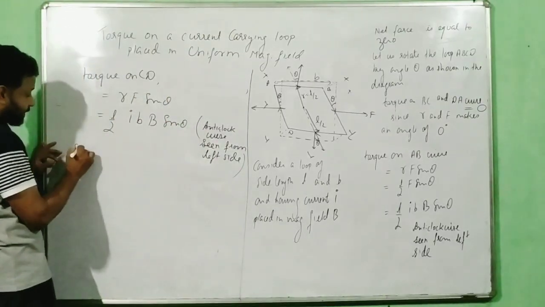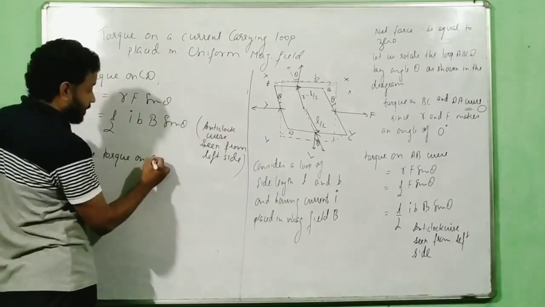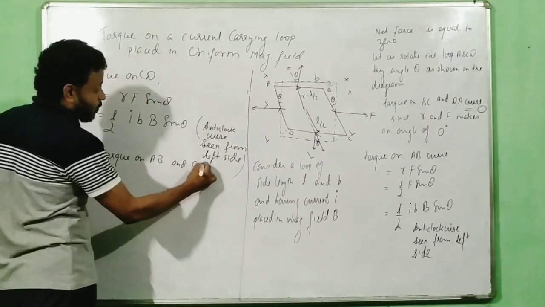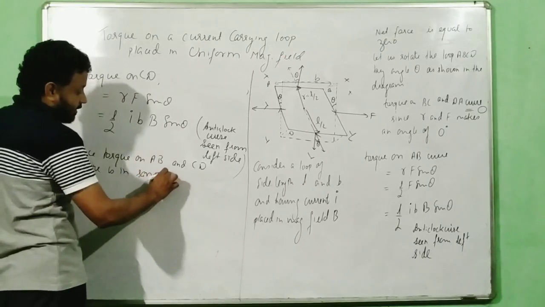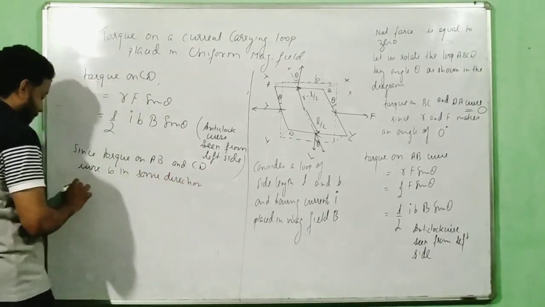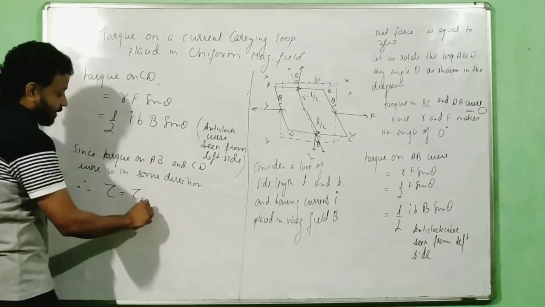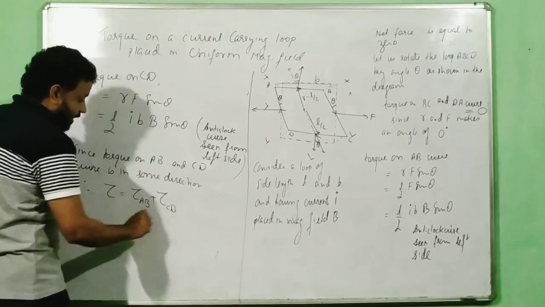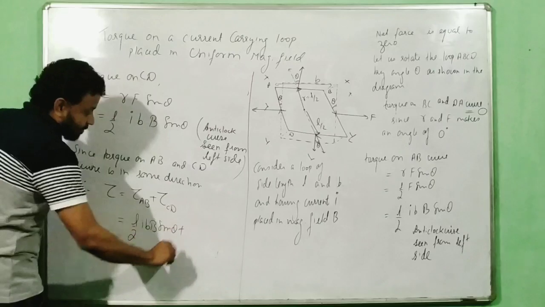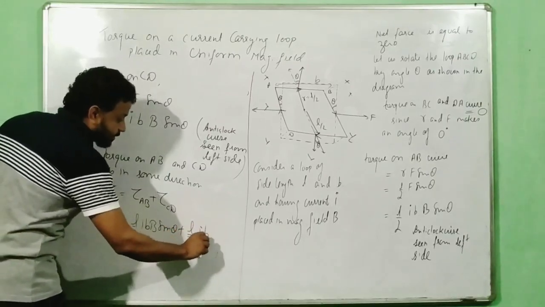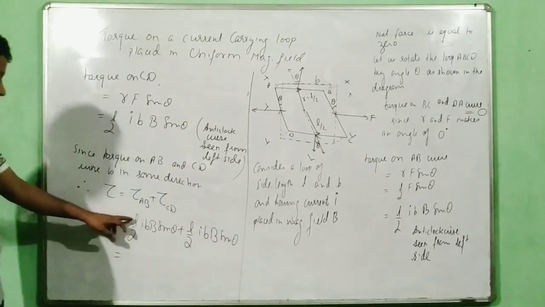So now you can write here, since torque on AB and CD wire is in the same direction, therefore total torque is equal to torque on AB plus torque on CD, and that is equal to L by 2 I B B sin theta plus L by 2 I small b capital B sin theta, and that is equal to, what is L by 2 plus L by 2?